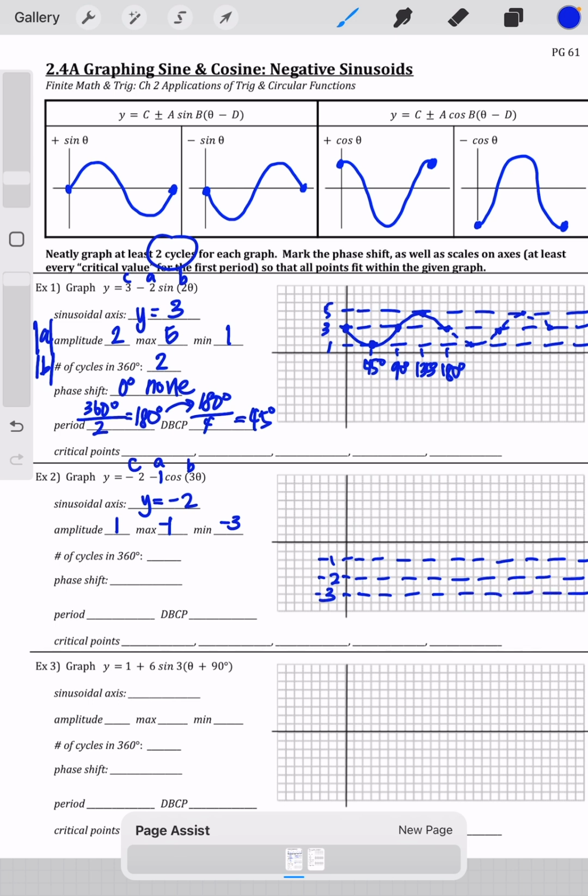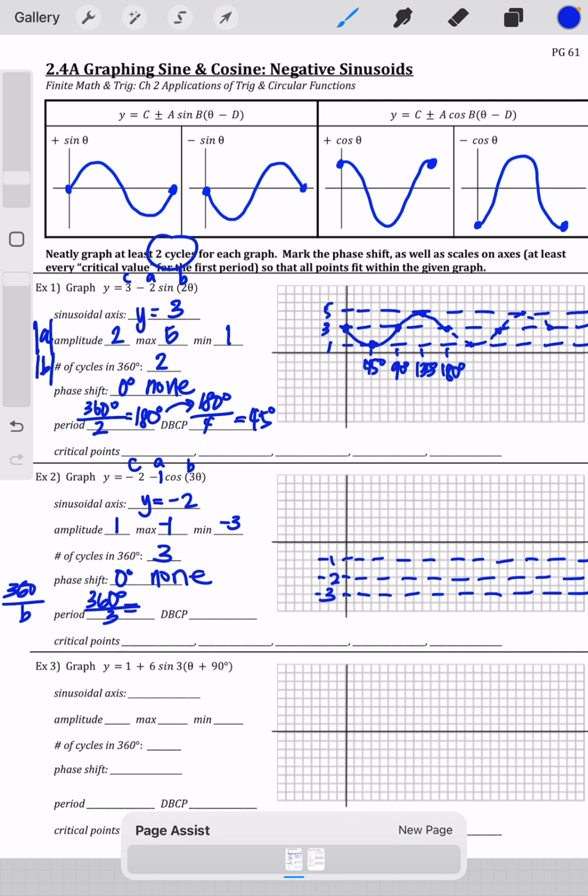So number of cycles in 360 is 3. There's no phase shift right now. And our period, sorry, I'm having a coughing fit. So let's backtrack. Period is always 360 divided by B, which is in our case 3.